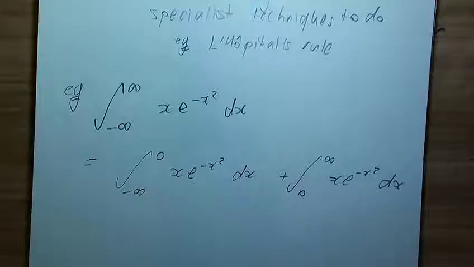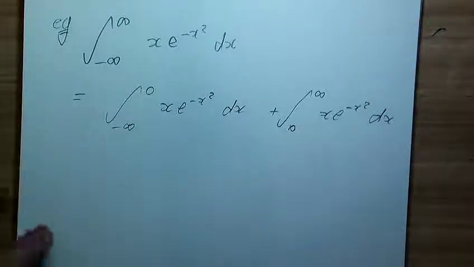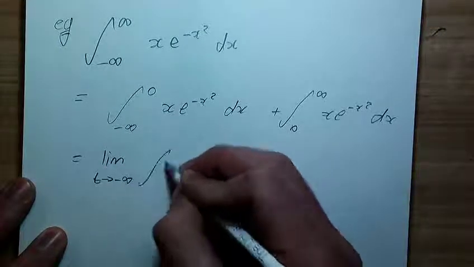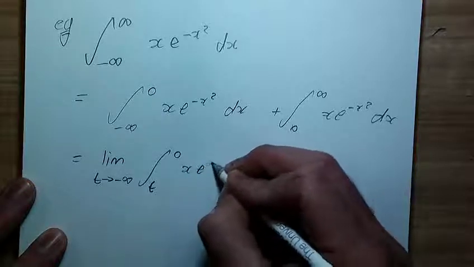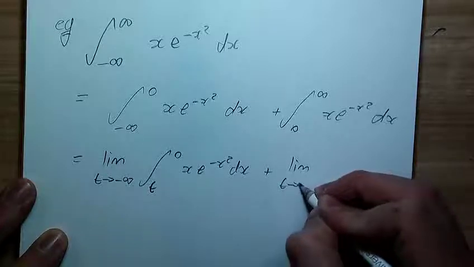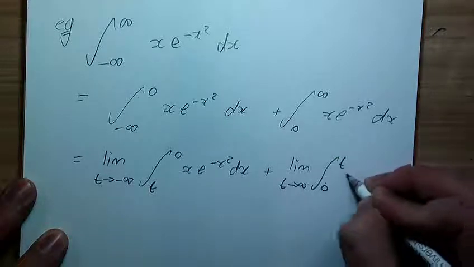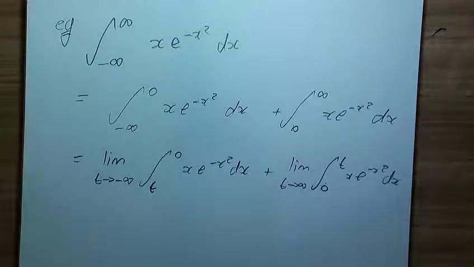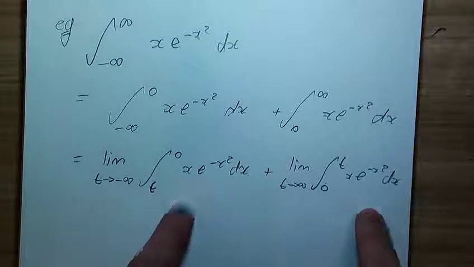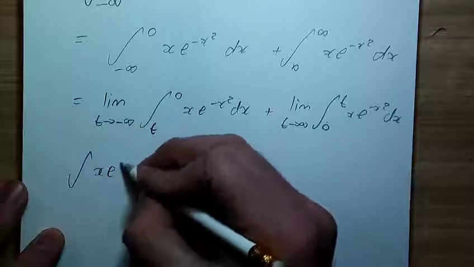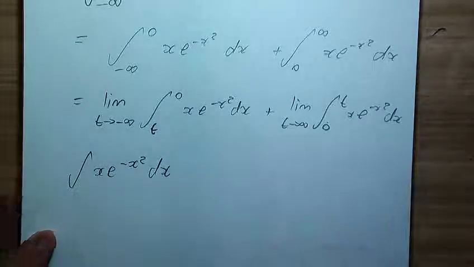And then each of those can be calculated separately using a limit. So that's what we're going to do. Now, since I'm going to have to do this integral twice, the quickest thing is probably to do an indefinite integral first. Since I have to do it twice, I might as well just do it once.